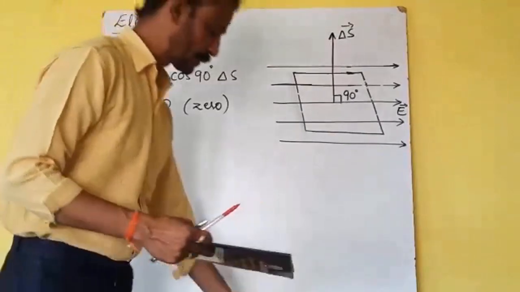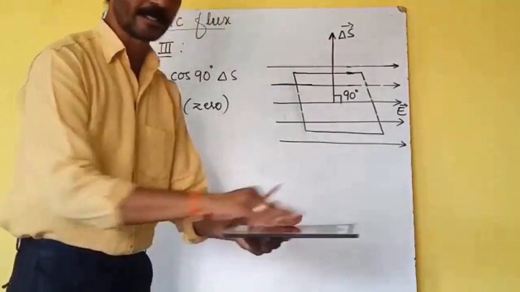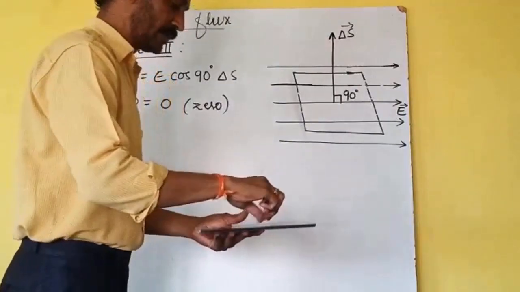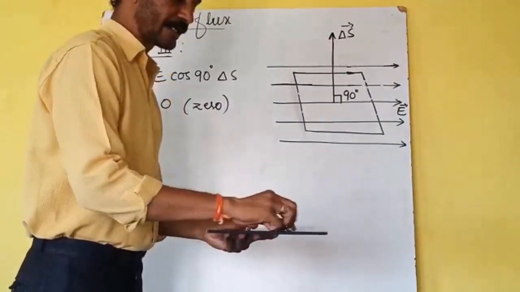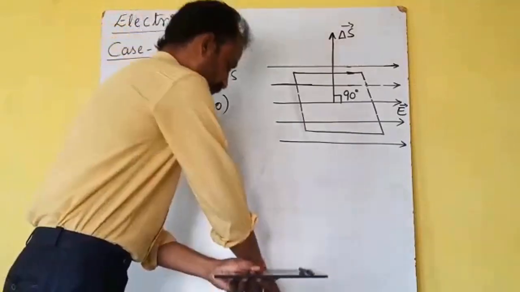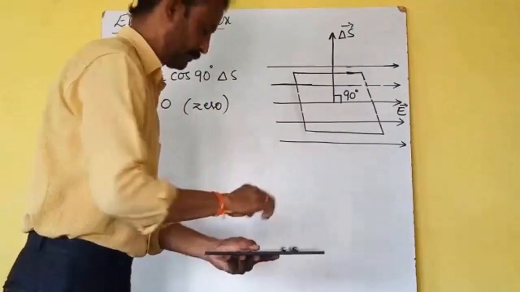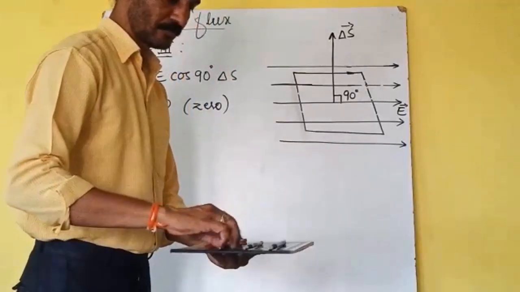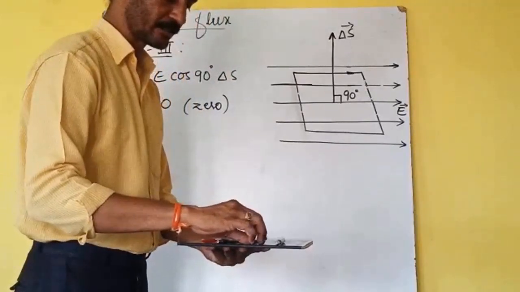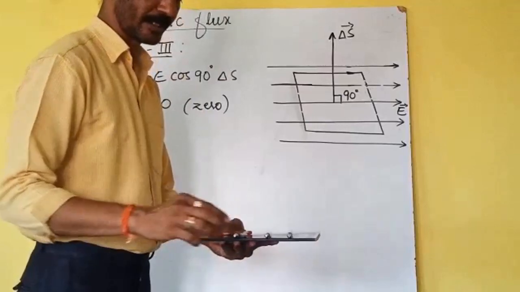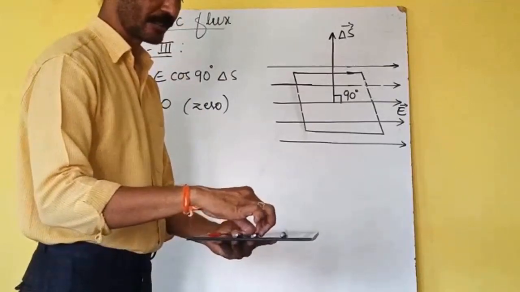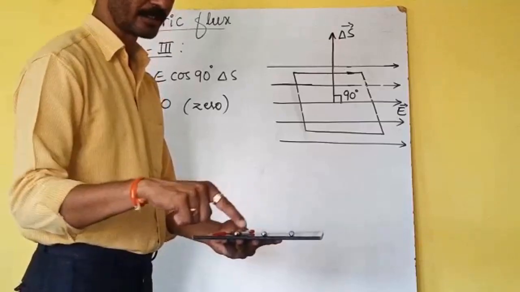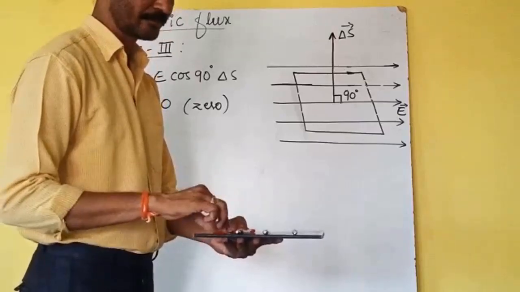Consider this surface, it is an area element. Here these are the directions of electric field lines. These black pens indicate the electric field lines, so the direction of electric field is along this direction.